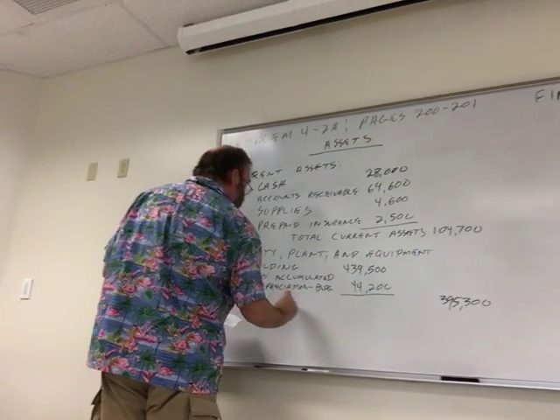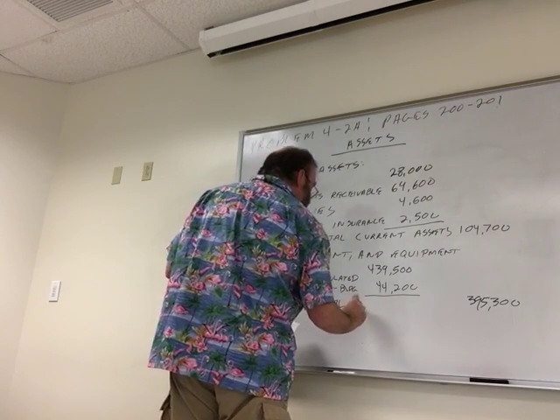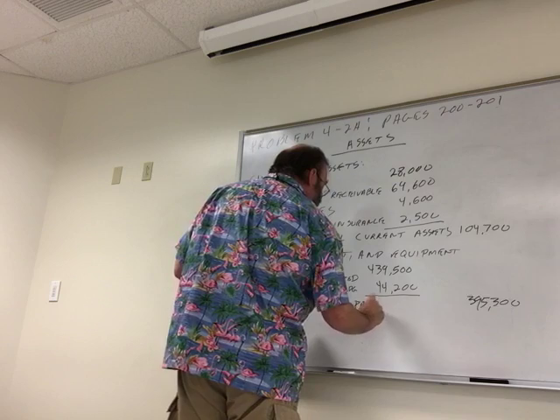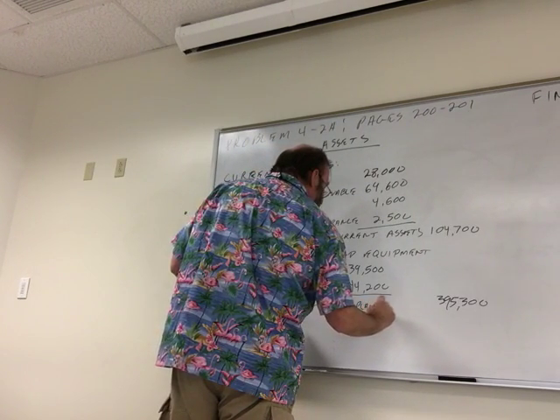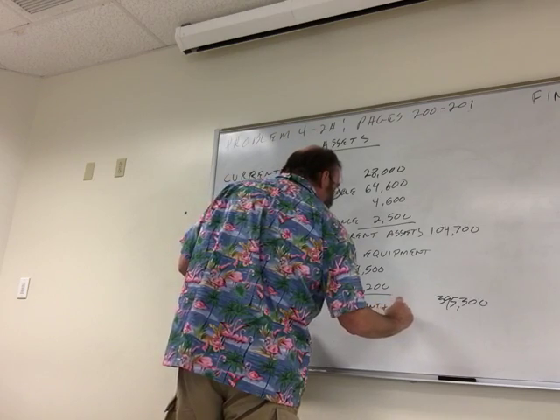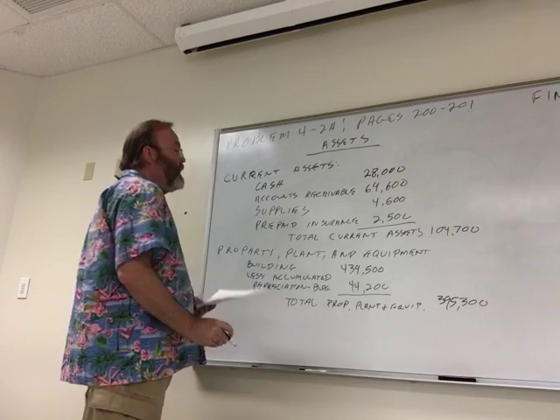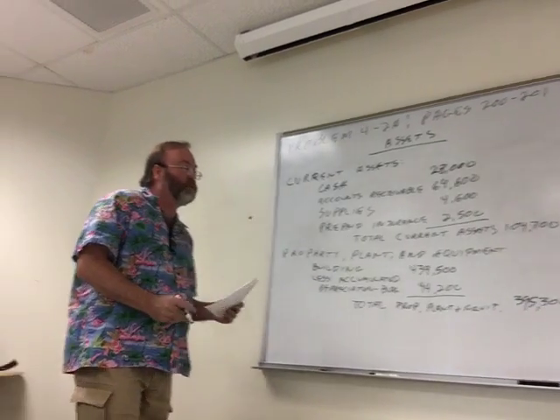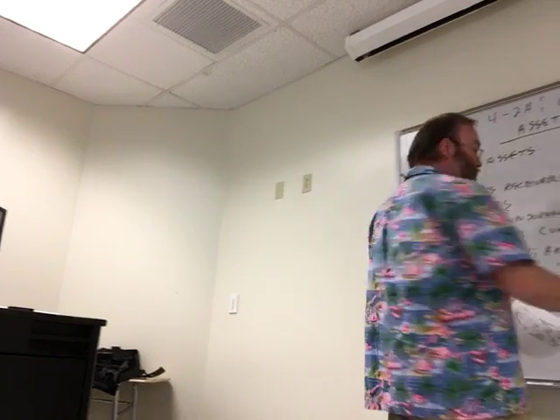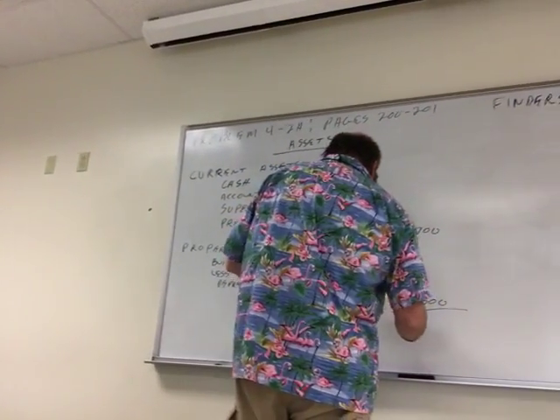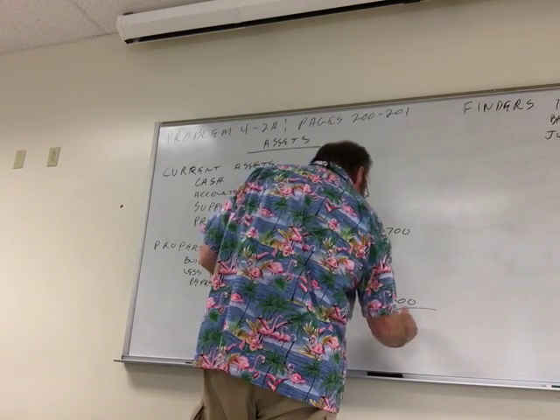And that is total property, plant, and equipment. If you add the $395,300 to the $104,700 of current assets, you get $500,000 even.